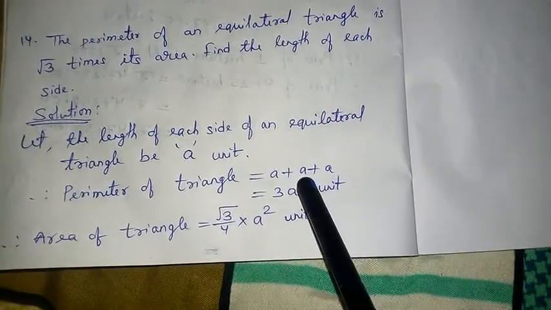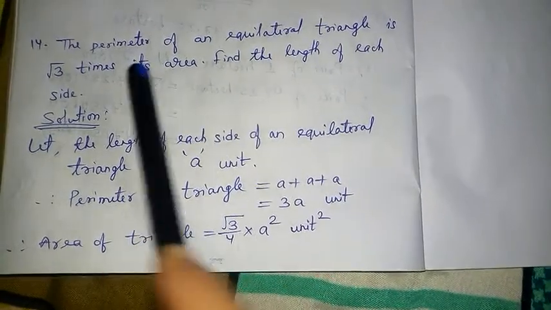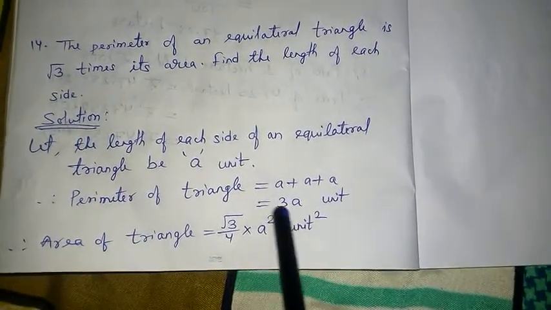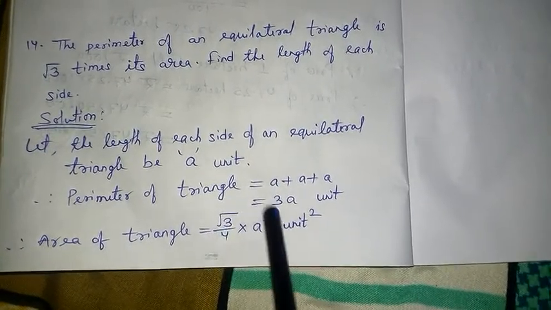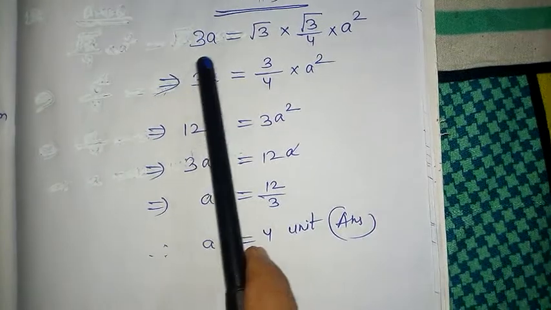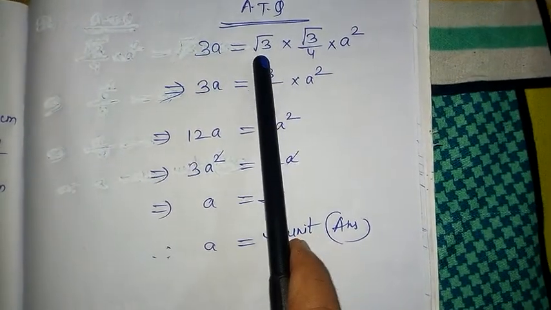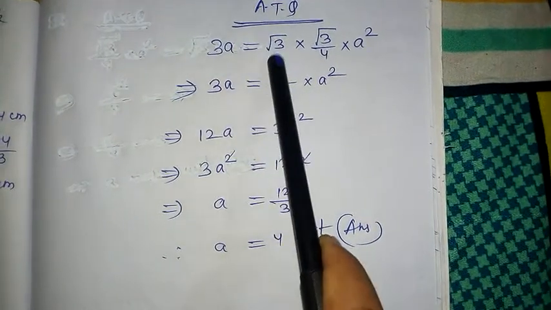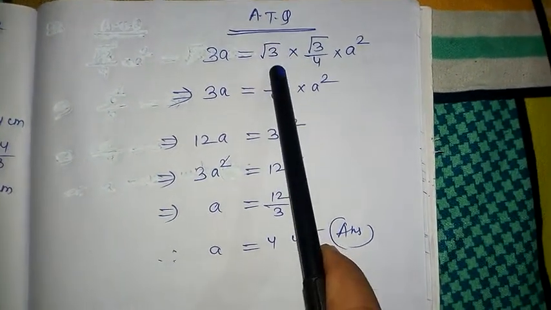Now the relation between these two values is perimeter is root 3 times area. So according to the question, perimeter is root 3 times area. This is area, this is perimeter, and root 3 times means multiplied by root 3.